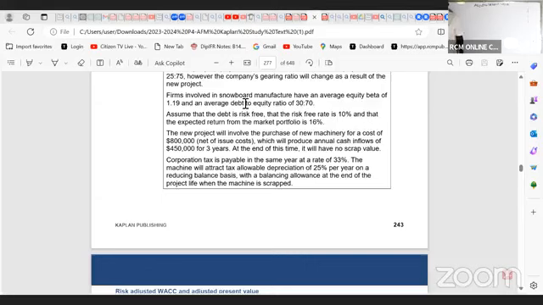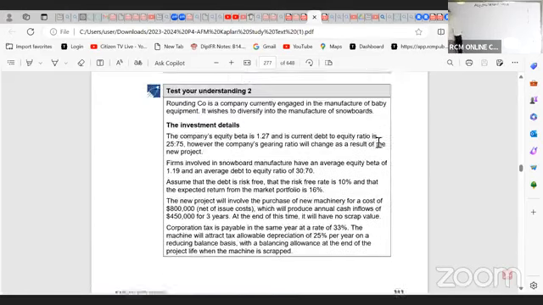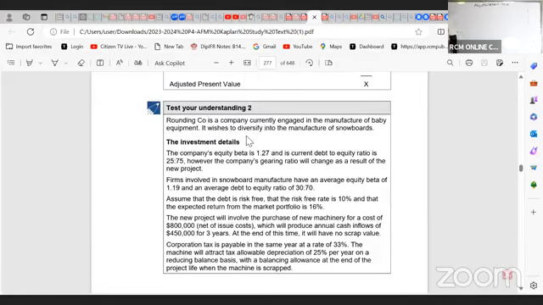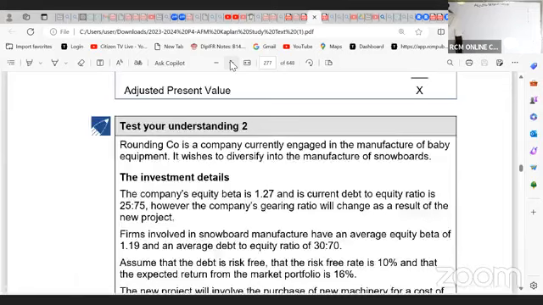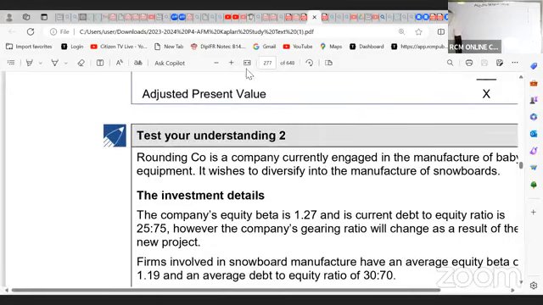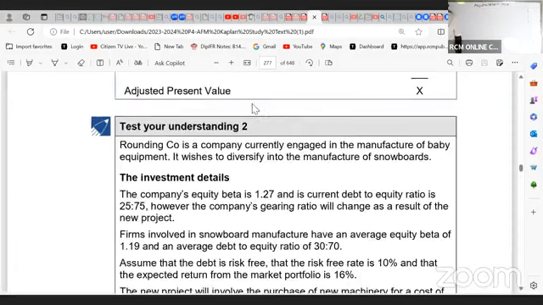So if you look at this particular question, ladies and gentlemen, we are told that Rounding Company is a company currently engaged in the manufacture of baby equipment.